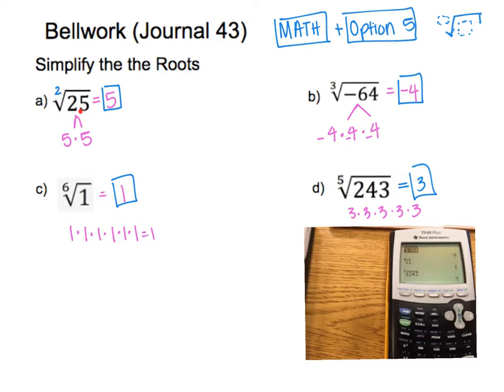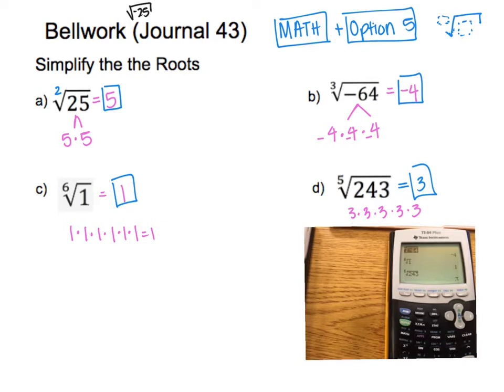So take a look at this. If I had the square root, let me put it up here just as a random problem to show you. If I had the square root of negative 25, 2 numbers that multiply to give you negative 25, I'll just tell you right now, it doesn't exist, right?